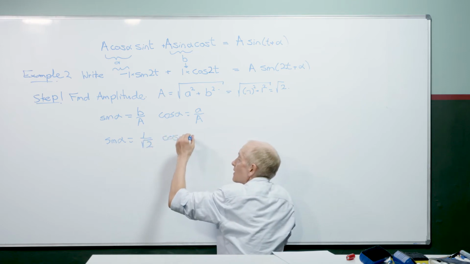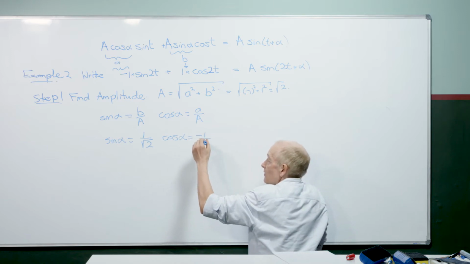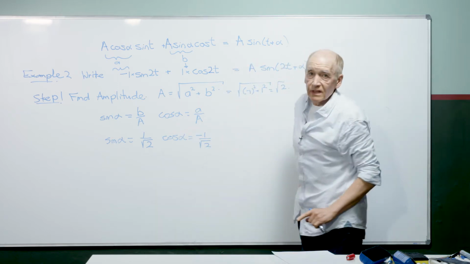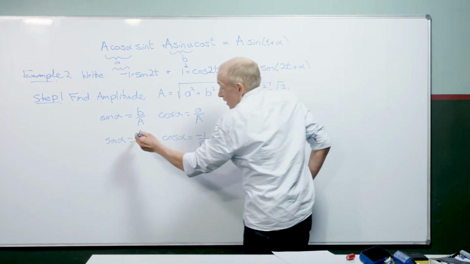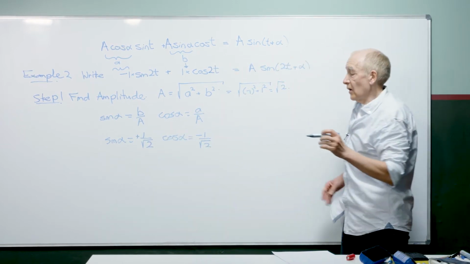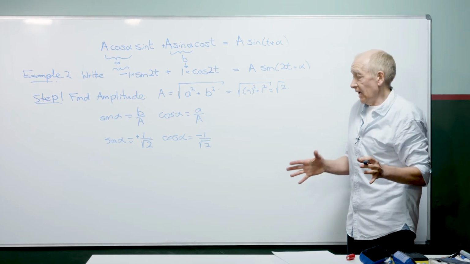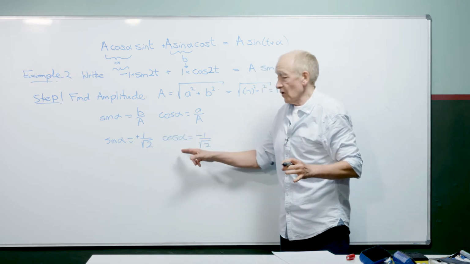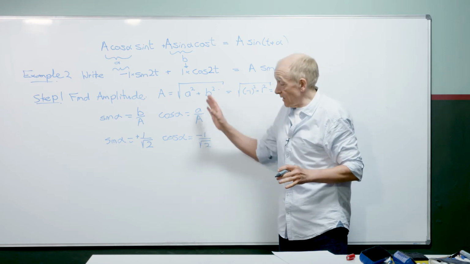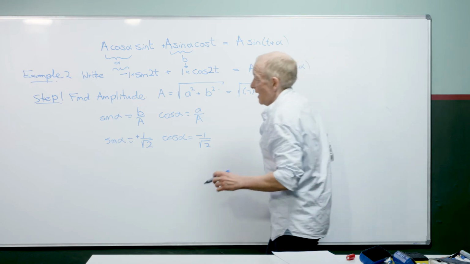Cos of alpha is the thing in front of the sine, which is minus 1, divided by the amplitude. So this is different than our first example in that the sine here is positive, whereas the cos is negative. Now it's really important to use the sign, S-I-G-N, of both the sine and the cos to determine what quadrant alpha's in. It's easy to skip this step and get the wrong answer.